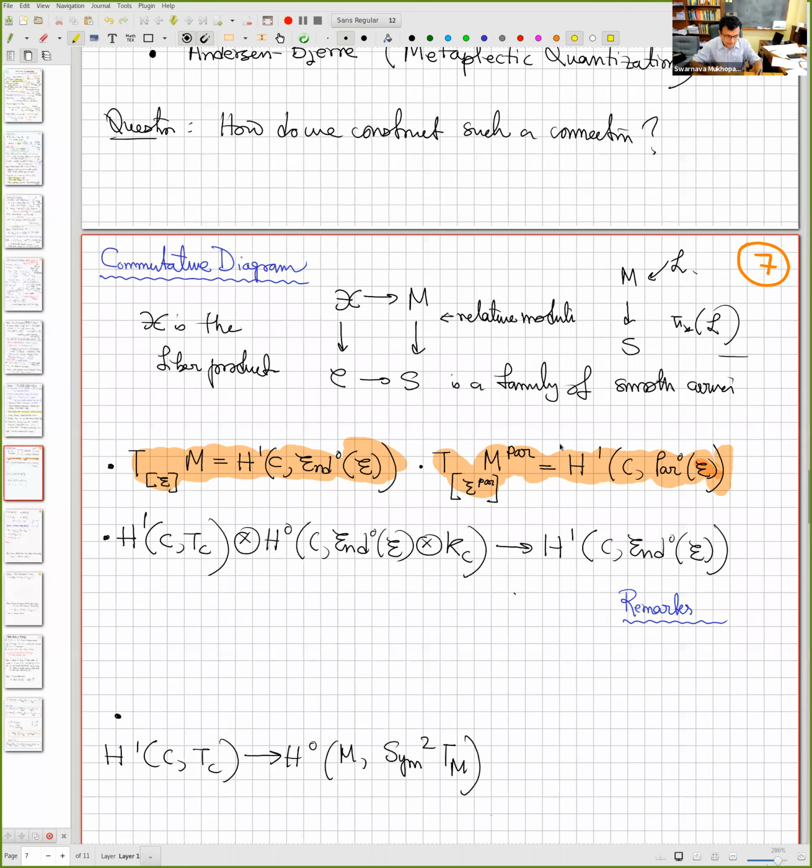Okay, so how does Hitchin's construction start? What Hitchin does is that he considers this natural cup product map, the usual cup product of cohomology.